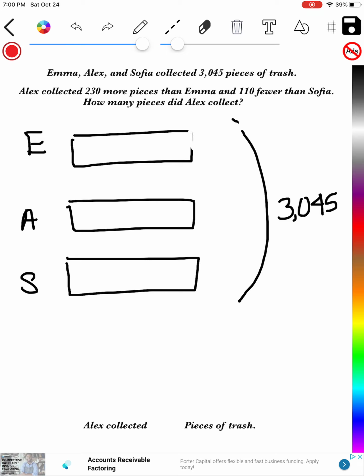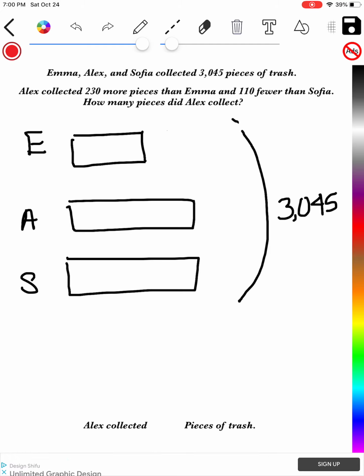Okay, so I'm going to erase part of Emma's bar and adjust it. So this is the quantity that she definitely collected, and this is the quantity that's not actually there, hence why it is drawn with a dotted line.